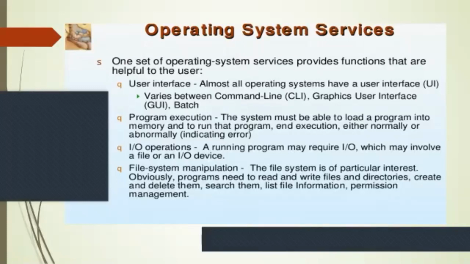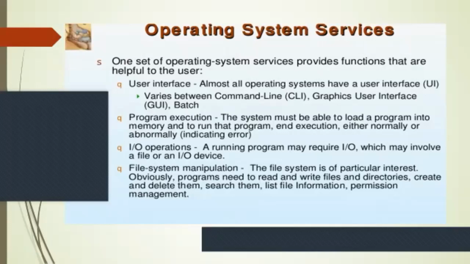The system is able to load a program and ensures that the program works normally, or if there is any interrupt or any problem, then it stops working. That means there is abnormal termination indicating error.